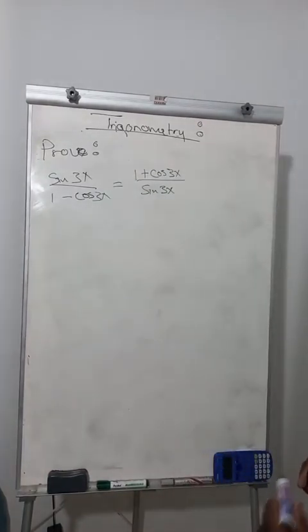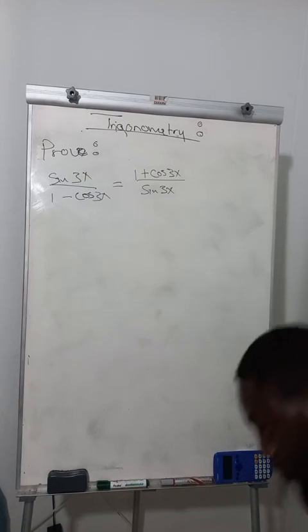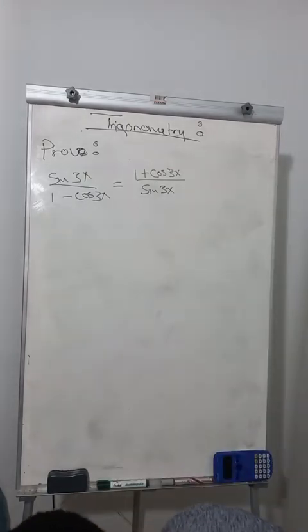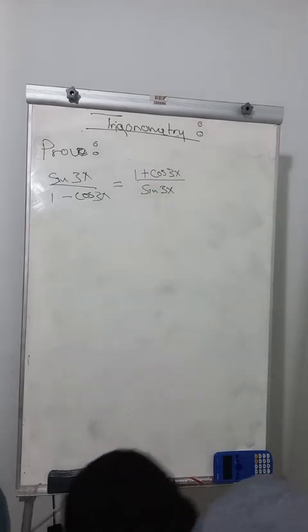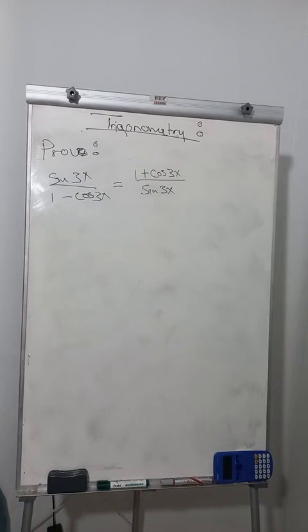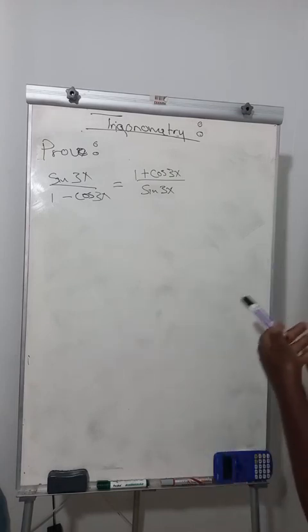So now, with this kind of thing, you need to choose which side you're going to simplify, or maybe to prove. In this case, it's much easier for you to choose the left hand side, or you can also choose the right hand side.